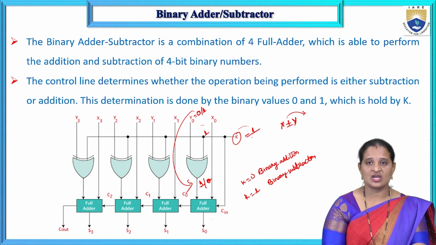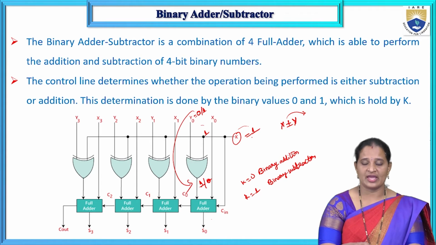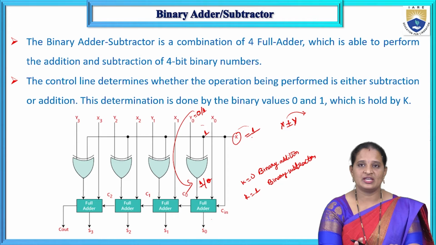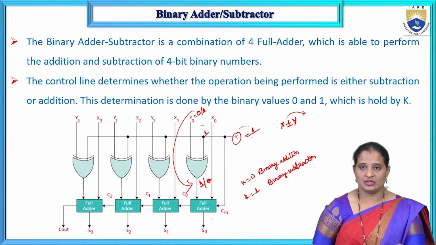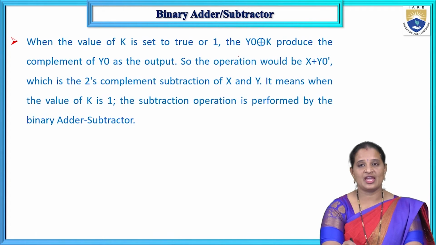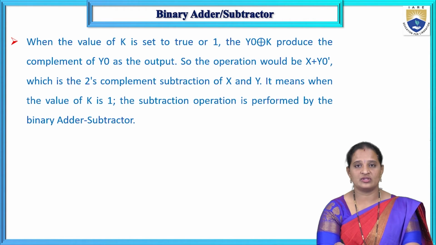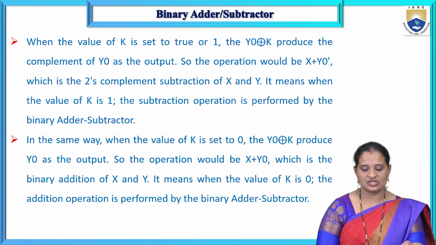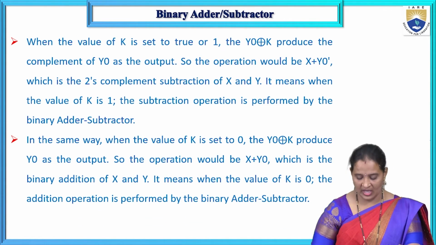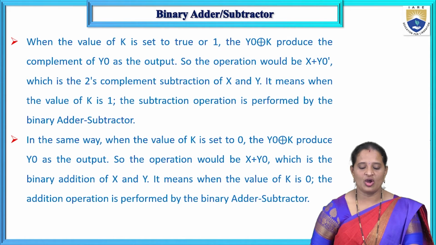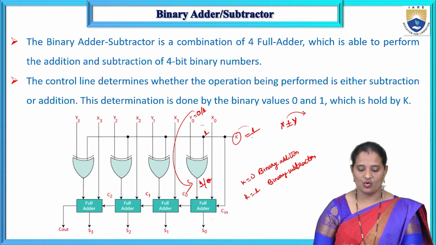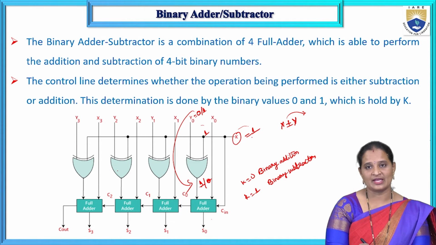So that is how a single circuit with exclusive OR gates can perform both the binary addition and subtraction, where the binary addition is performed when k is equal to 0 and the binary subtraction is performed when k is equal to 1. That is the binary adder or subtractor. Remaining everything is the same. Only the thing is we need to use XOR gates.